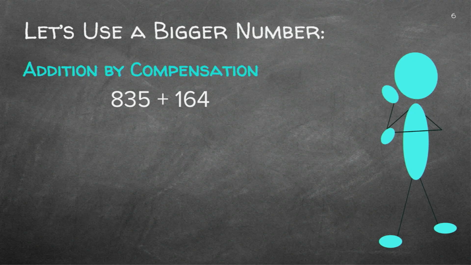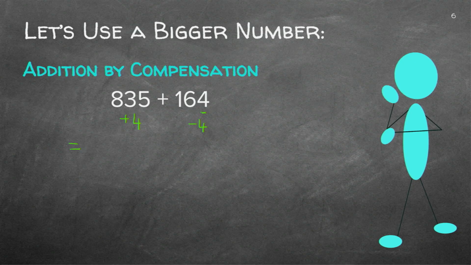Let's use another one. Let's use bigger numbers. Let's go up to the hundreds now. Here I am going to subtract 4 to get a multiple of 10, 160. So when I minus 4 on this side, what do I have to do on the other side? I have to use the opposite calculation. So here I have to plus 4.